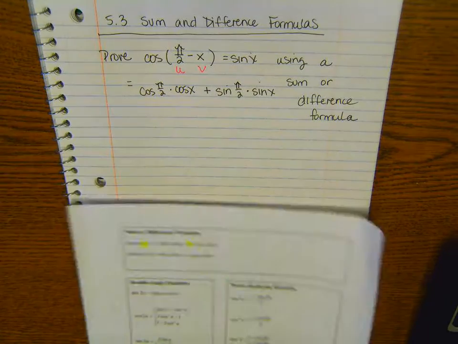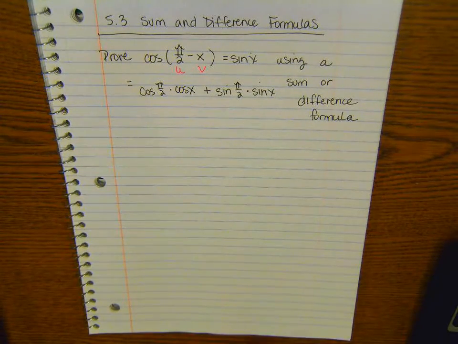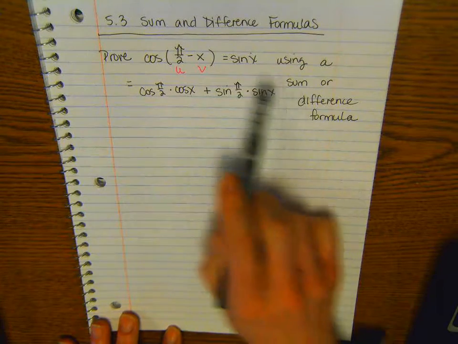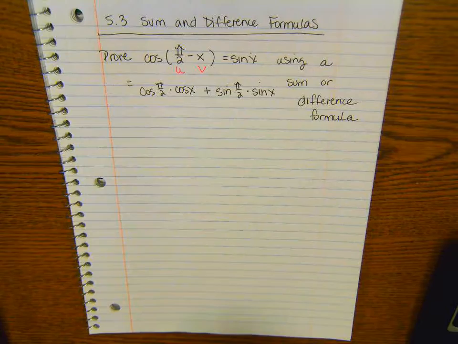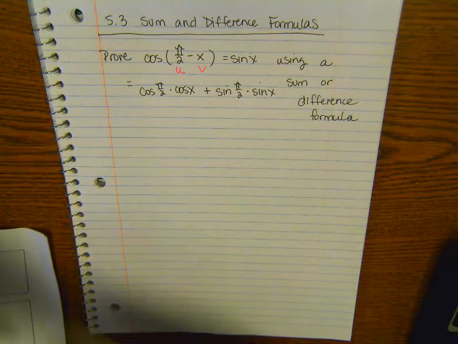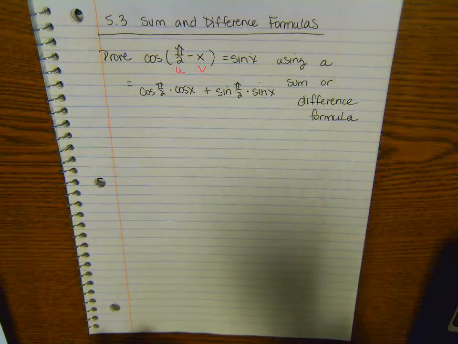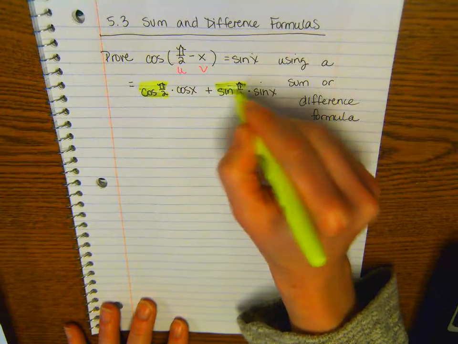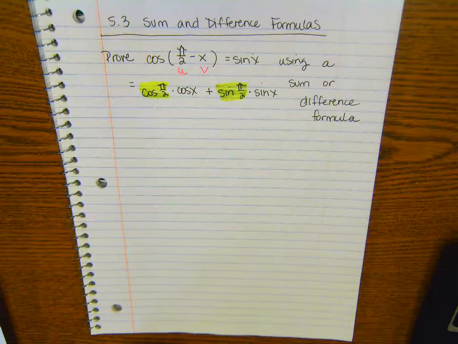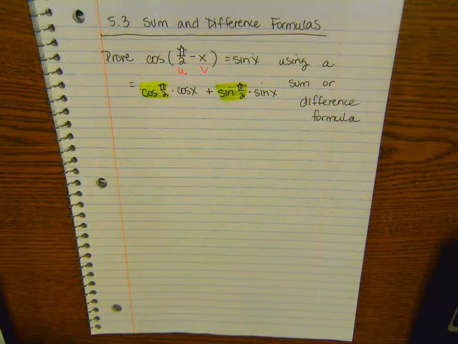Okay. And just remember, our goal is I'm trying to show that this is going to equal sine of x. So the next step is two of these things are values on the unit circle. I know what the cosine of pi halves is, and I know what the sine of pi halves is. It's 90 degrees on the unit circle.